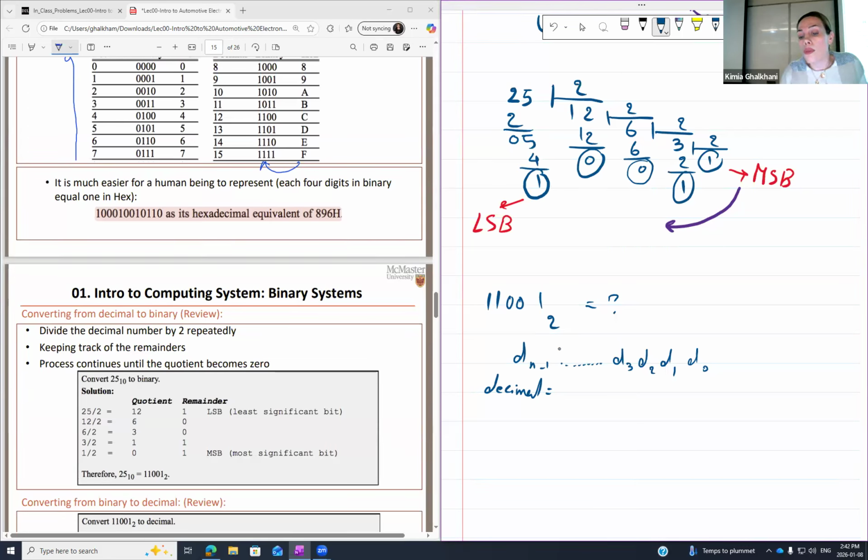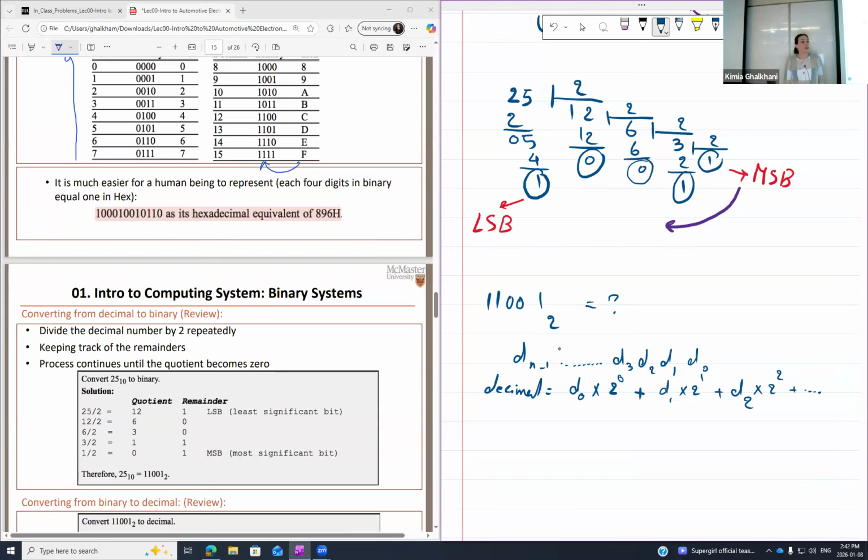So now I'm going to convert it. My decimal equivalent is going to be, from here, D0 times its power of 2, meaning in here, 2 to the power of 0, plus D1 times 2 to the power of 1, plus, I just continue, D2 times 2 to the power of 2, and so on.